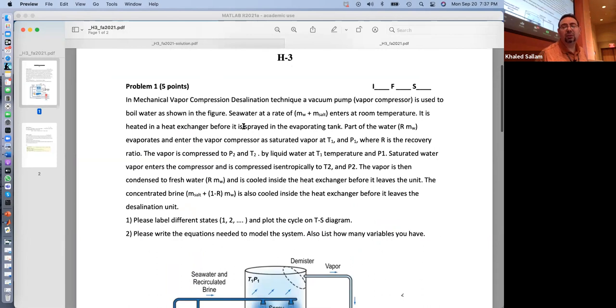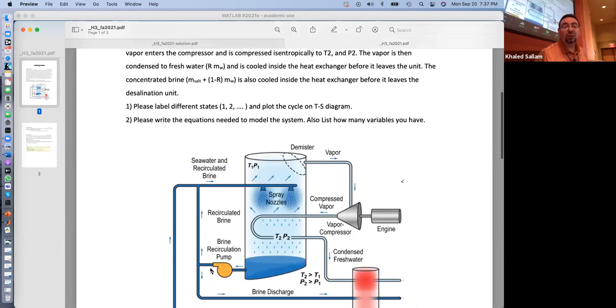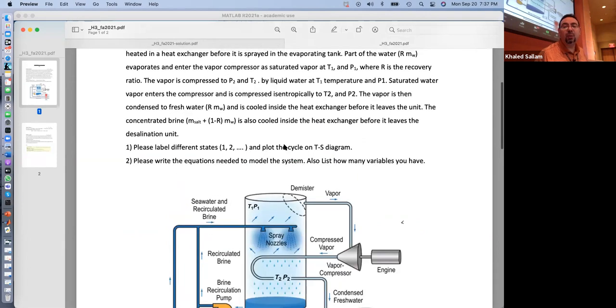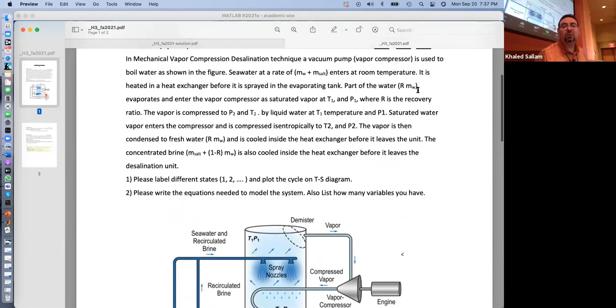Okay, so he heats the incoming fresh water with the exit streams, and he's saying that not all of the m dot water evaporates and goes to vapor. Only R times m dot water, where R is called the recovery ratio.